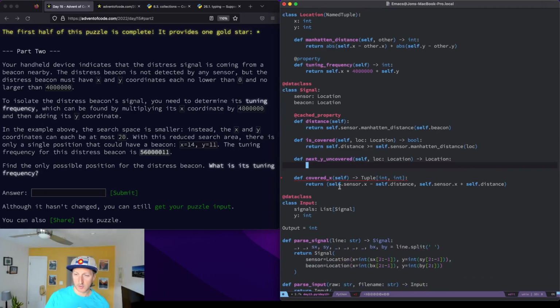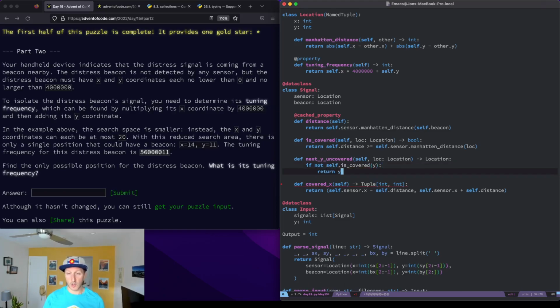First we check if it is covered: self.is_covered(y). If it's not covered, then return y.